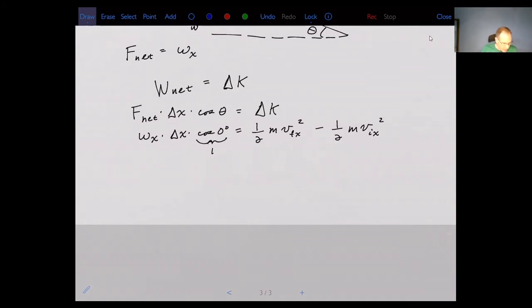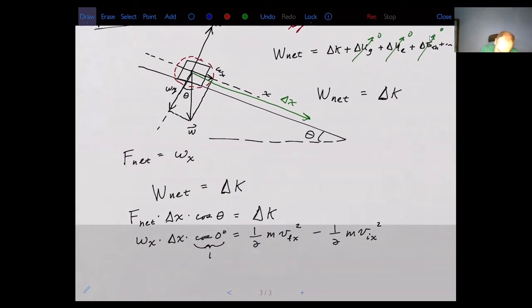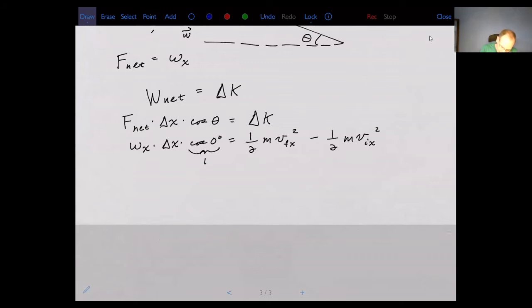If you look at the picture here, this is Wx, so it's opposite the angle. So Wx is going to be mg sine of theta. So this is just mg sine theta delta x, and that equals 1/2 m v final in the x squared minus 1/2 m v initial in the x squared.